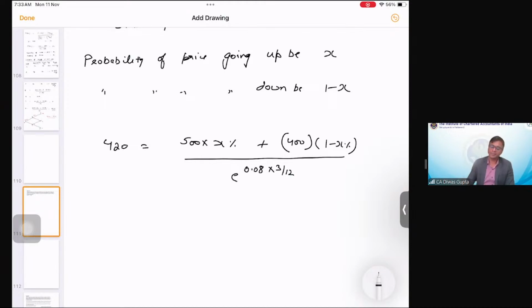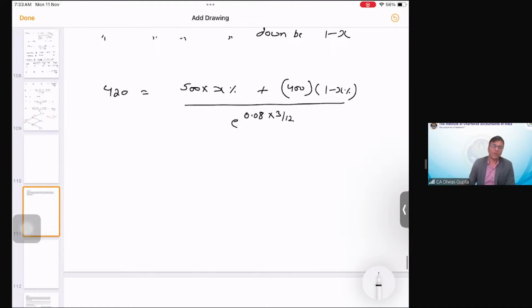Clear, students? This is the same formula that we have studied in the risk neutral method. So 420 into e raised to the power 0.02 is equal to 500x plus 400 minus 400x.